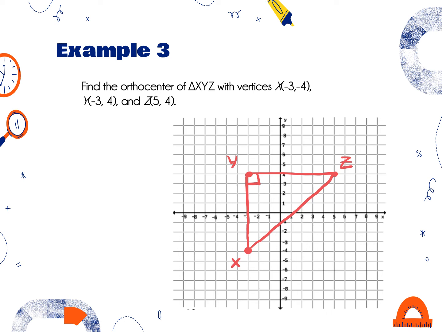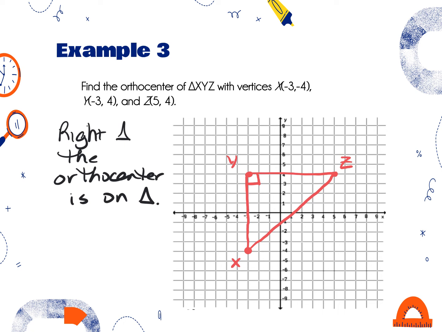When you have a right triangle, the orthocenter is always on the triangle. So this is a fact you're going to memorize. So when it's a right triangle, the orthocenter is on the triangle.